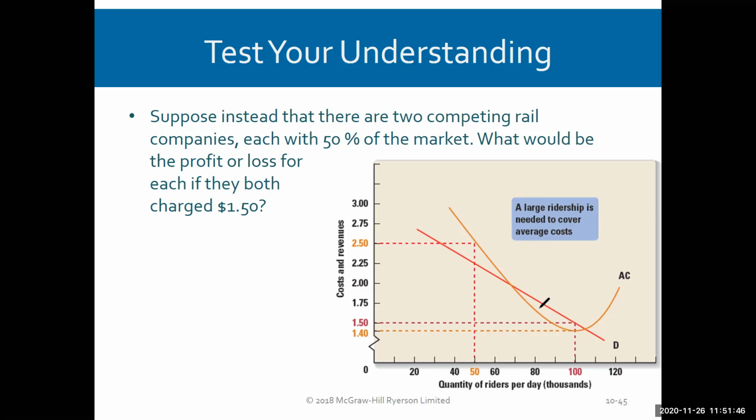We'll go to the conclusion: if this is market demand for ridership in Calgary on our LRT, and this is the average cost of a large LRT facility, including the trains, the track, and running it, all the administration, then we can see that if we get out to about 100,000 riders per day, that's not Calgary's count, but 100,000 riders per day, we're at the lowest of their average costs. So we're at their economic capacity. And the demand in the market is such that the price charged of $150 per ride is above the average cost of $140. So there's a small profit that the monopolist is making, and that's great.